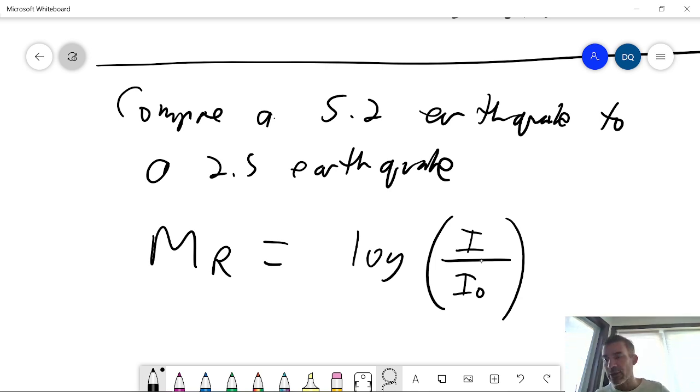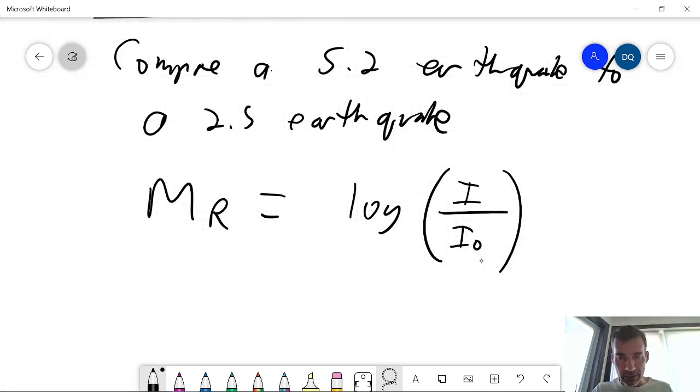Now we keep the same reference value so the scale doesn't change, but modern machinery can detect even smaller movements in there, which means you could potentially end up with negative values on the Richter scale. And that doesn't mean a negative earthquake. That doesn't make sense. It's just a really low level, and current machinery is capable of detecting that.